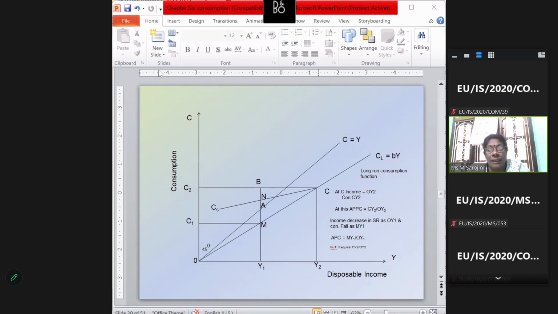Therefore, they won't decrease the consumption. When their income decreases from Y2 to Y1, they never reduce their consumption from C2 to C1, right?